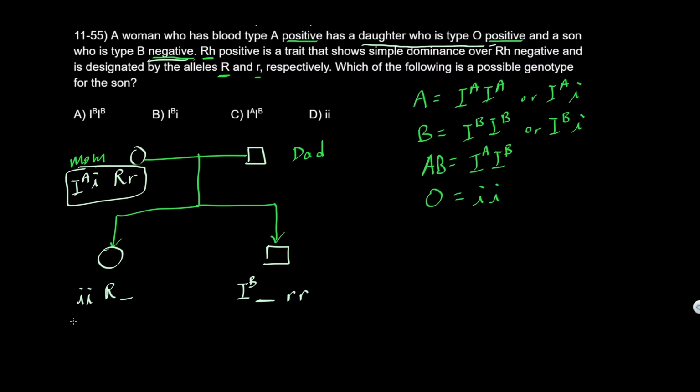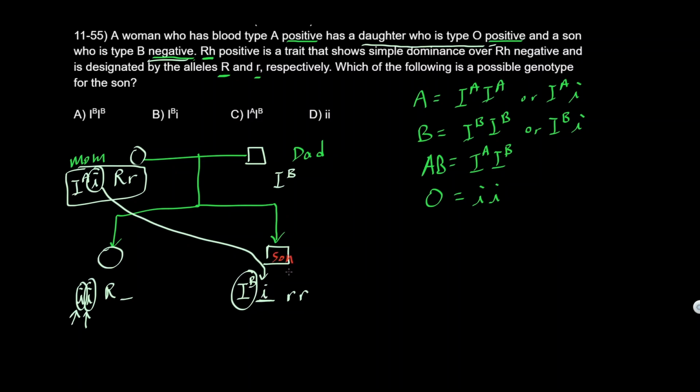By looking at the daughter, she's got little i, one from dad and one from mom. That means mommy has to have this. But then the son's blood type is B. So mom doesn't have it, which means daddy must have capital B somewhere, right? And the daughter has two little i's, which means one must have come from mommy. So that has to be here. Okay. So that's the genotype for the son.